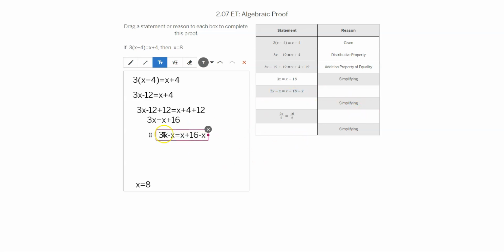Now, we are able to subtract x from both sides. That is subtraction property of equality. We're going to simplify that again to get 2x equals 16. We're going to put that in our statement.